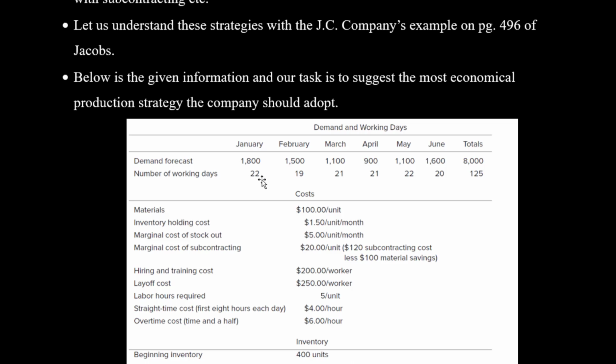This will exclude the Saturdays, Sundays, as well as some holidays. So 22 production days are available in January, 19 in February, and so on. In these 6 months we have 125 days available to complete these 8000 units.